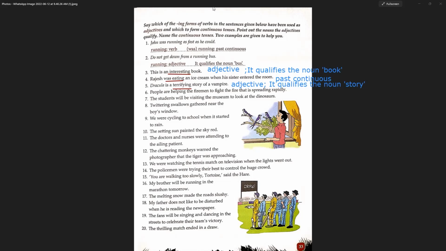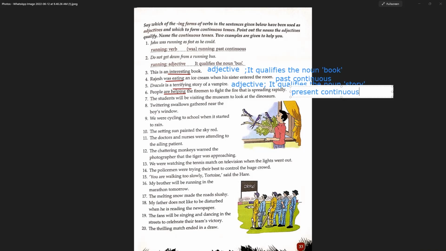So here, let's underline the ing verb, are helping. Now, Dikshana, can you tell what is the tense over here? Are helping. Is that past continuous or present continuous?